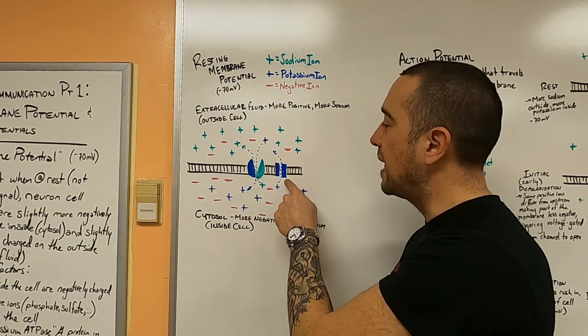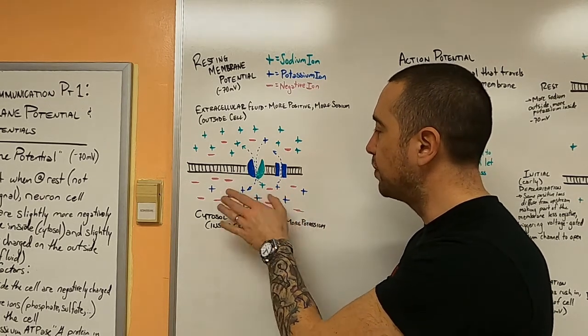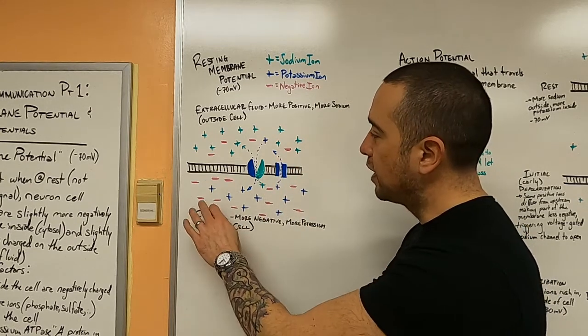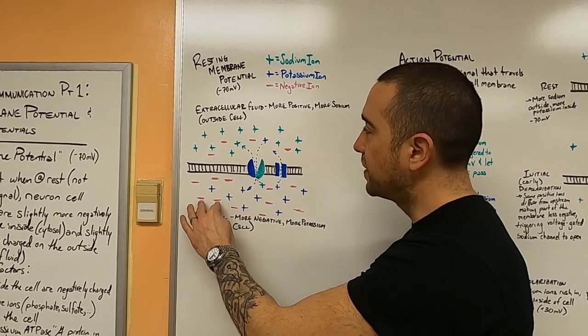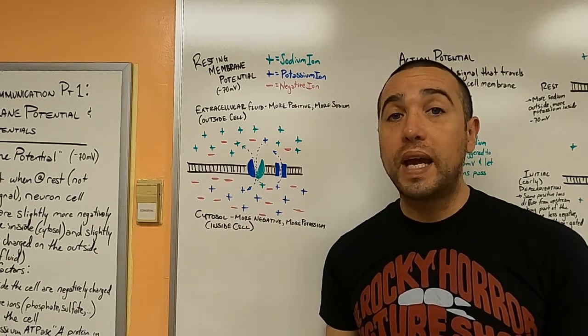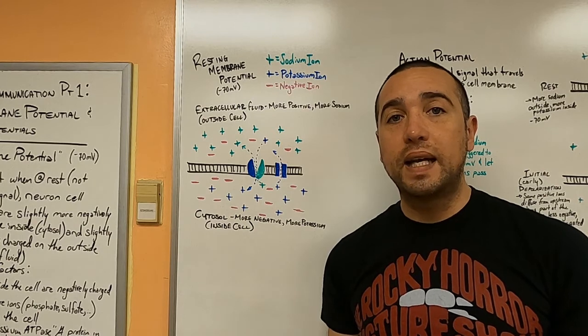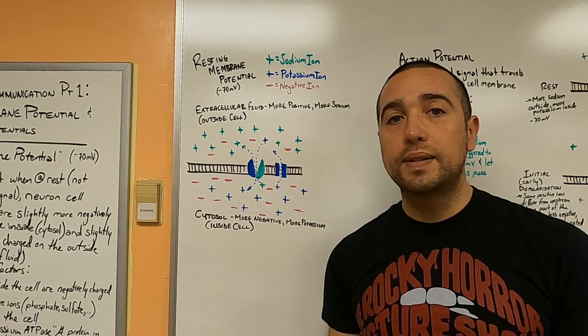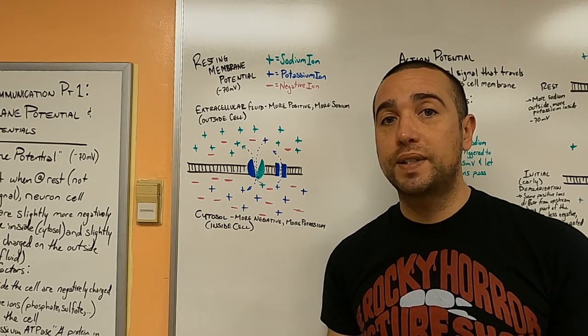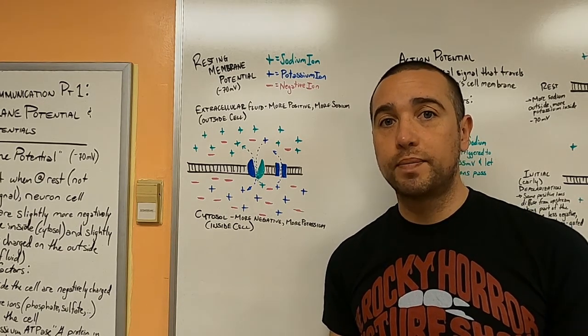This is a potassium leak channel, so the potassium, because it's in such high concentration here, is going to leak out. You can also see that there are more negative charges here and fewer outside. And all that means that the cell has a potential to send an electric signal. So we'll look at how it actually sends an electric signal now that the potential is there.